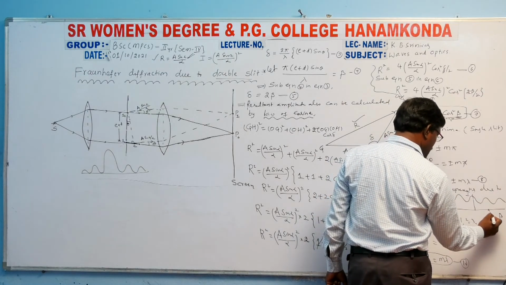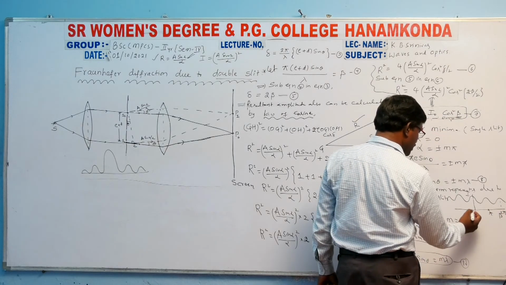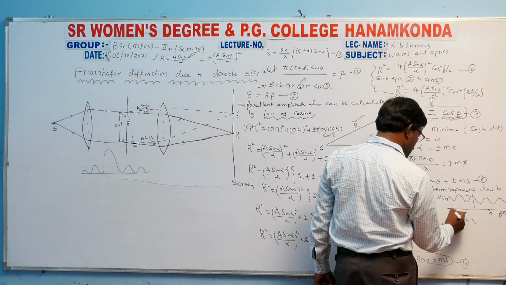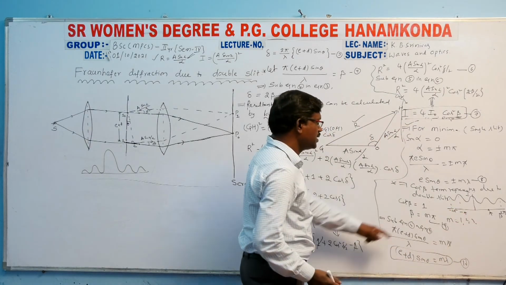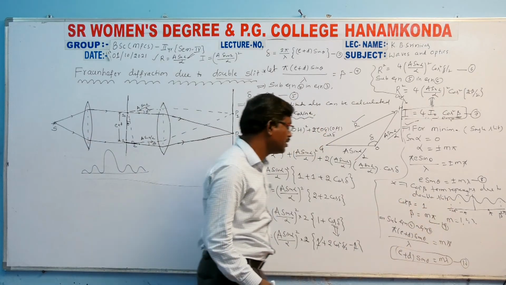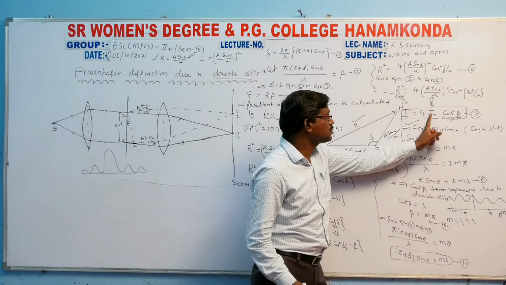At pi we are observing maxima, at 2 pi we are observing maxima. This is minus pi, this is minus 2 pi. So this is due to double slit, this is due to this cos square beta. This is due to this first term.